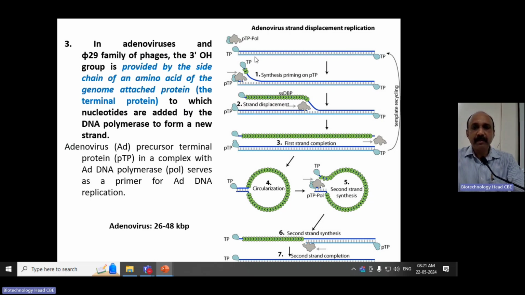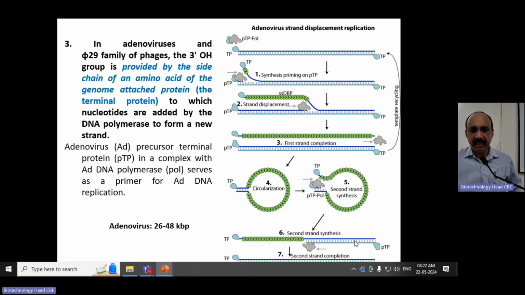So you have this terminal protein coming and attaching to this, which gives the free 3' OH group and forms a primer, where the DNA polymerase adds the nucleotides. After adding the nucleotides, the single strand circularizes, and this forms the genome.